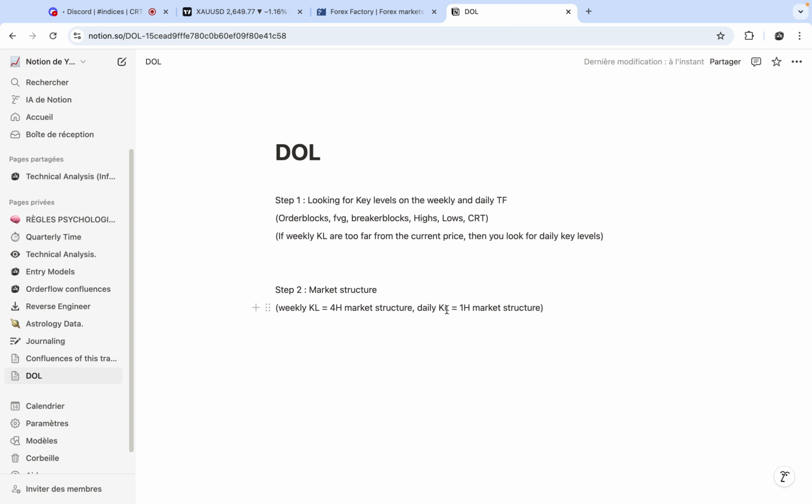Daily key levels equals 1 hour market structure. All right.